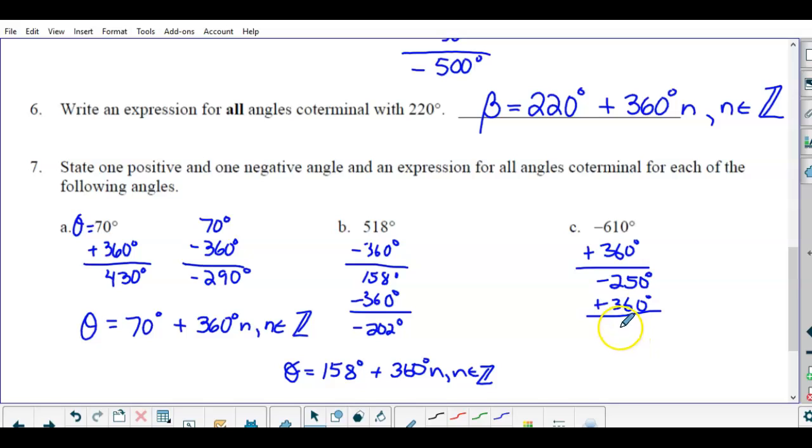And so that's going to be, what, 110 positive? Okay, and then our general statement, 110 degrees plus 360 degrees times n. n is an integer. A little bit messy.